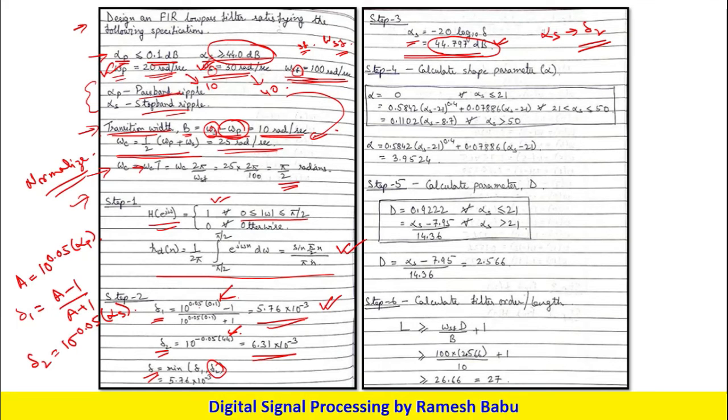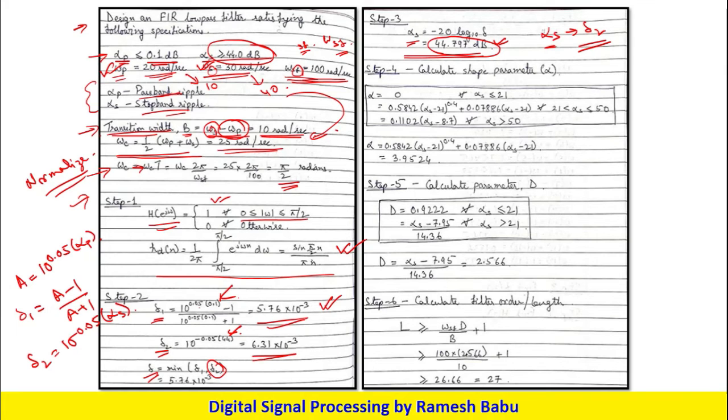Maybe this is the reason that when we have this, they are taking alpha s nearly equal to delta 2, maybe. But this is what is followed.